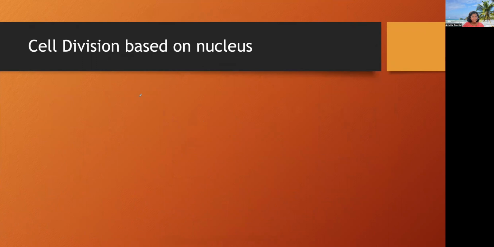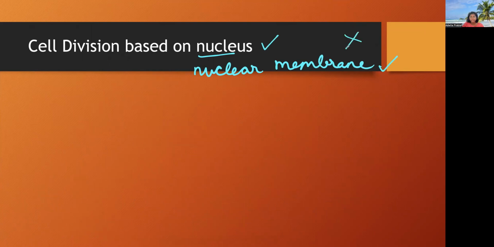Now, we're going to see cell division based on the presence of nucleus, nuclear membrane. So, where there is a nucleus, there will be a nuclear membrane. If the nucleus is not there, the nuclear membrane also will not be there.